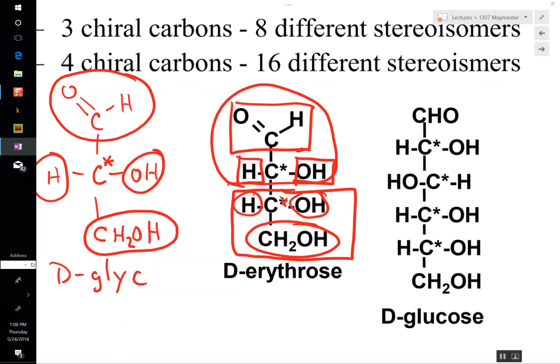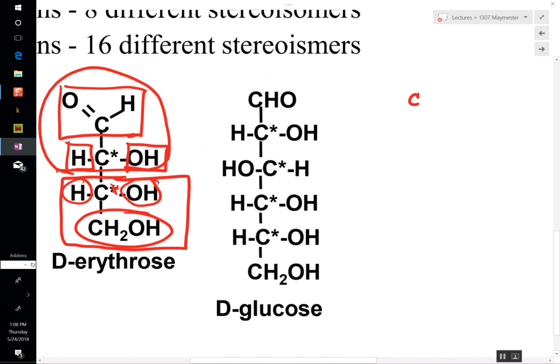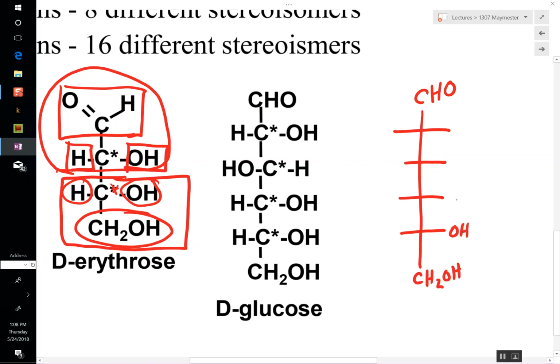All right, so this is the Fischer projection of D-glucose, or you could actually have this projection. Let me just finish this. If I came right down through here, and I just forgot about the carbons, and I got an OH, an OH, OH on the left, another OH on the right.